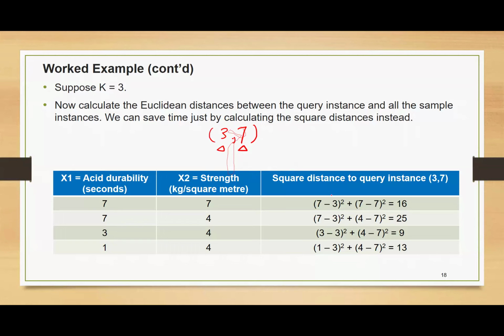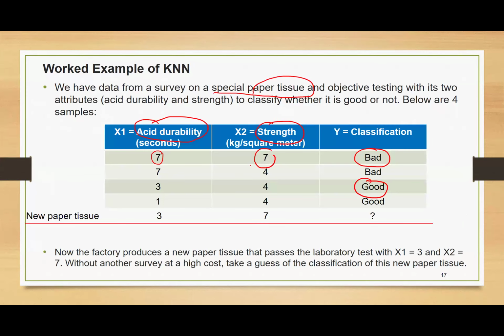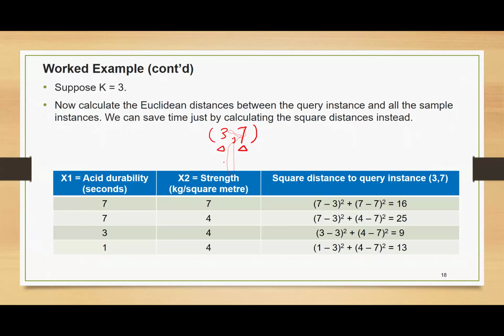You just check the Euclidean distance between all other samples. All other samples are the samples we have here, right? This is the original data set for our reference. And now we are going to use this original data set to decide which class this new sample should be.